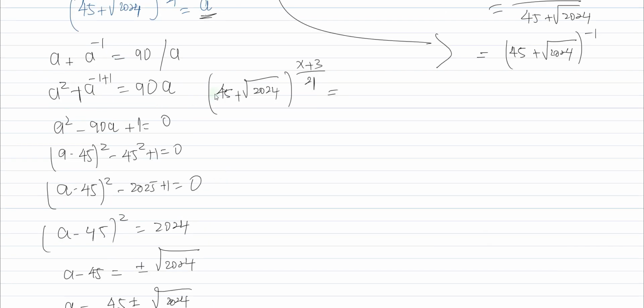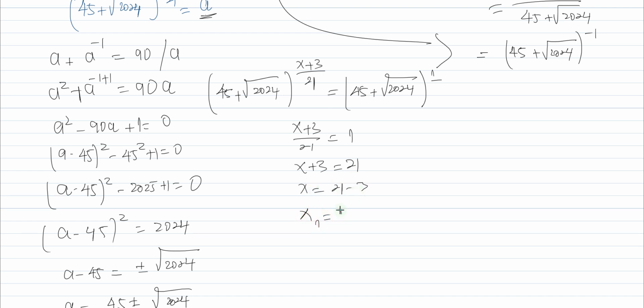So this is going to be equal to 45 plus square root of 2024 all to the power of 1, right? So bases are the same, we've got to make the powers the same, and then this is equal to 1. So we're going to have x plus 3 equals 21 times 1, 21, and x is going to be 21 minus 3, so we're going to have our x1 equals 18.